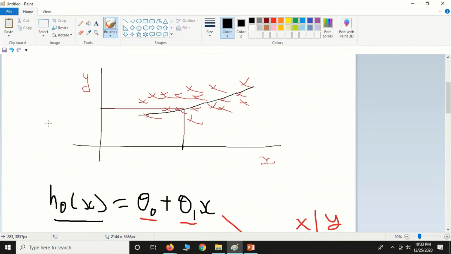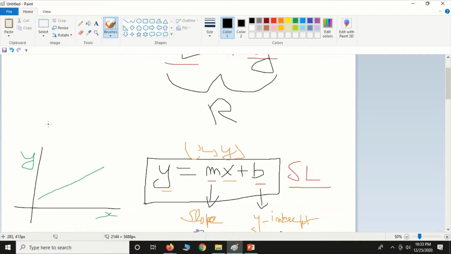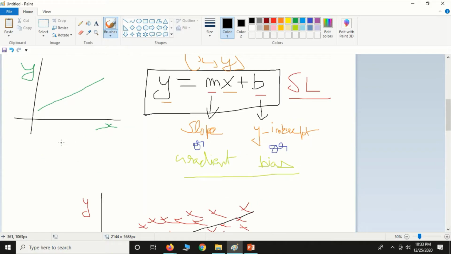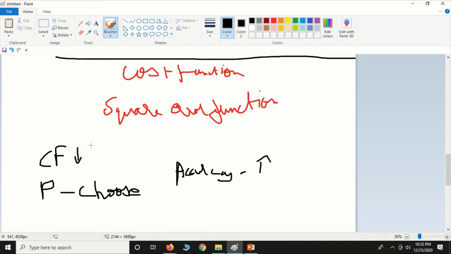Today we saw some mathematical things of linear regression, simple mathematics on what is happening in linear regression. We should fit the line perfectly in our data.